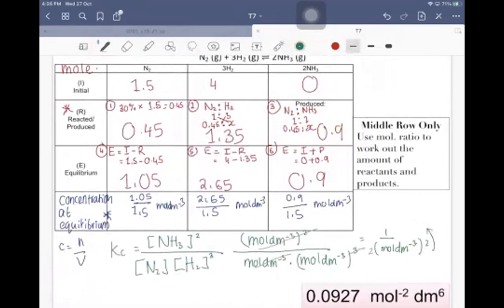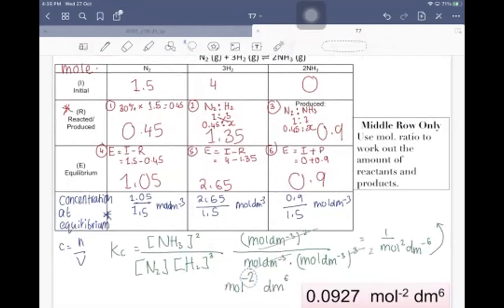At this point, you can open the bracket. Maybe you open the bracket first, but if you can't see it, then that should be fine. Mole square dm minus 6. Okay, then you carry it up, it becomes mole minus 2 dm 6. The minus 2 should go up.